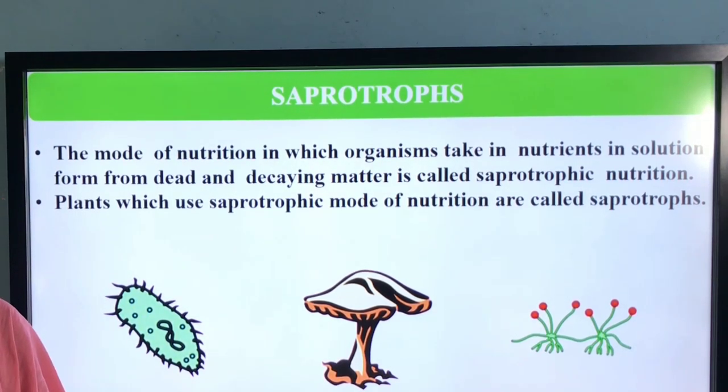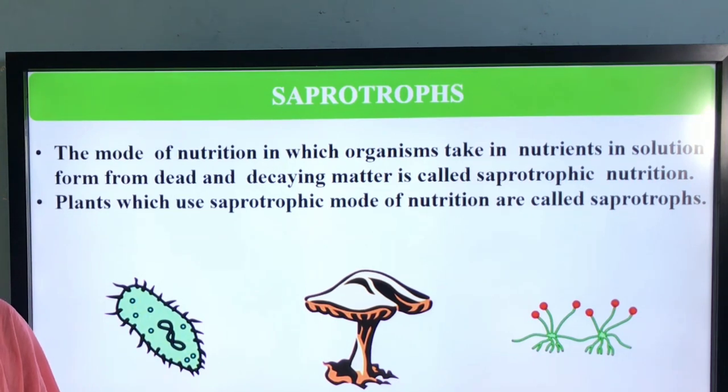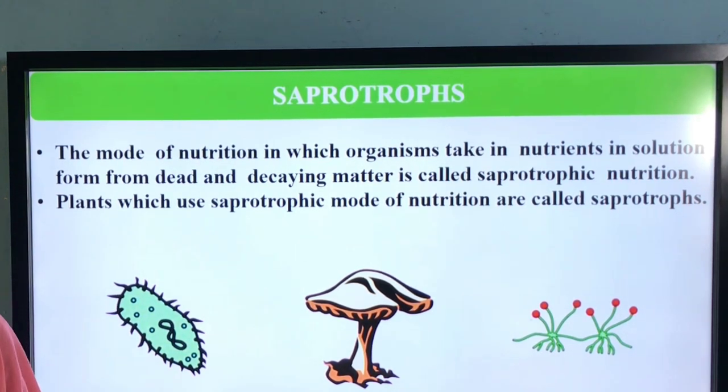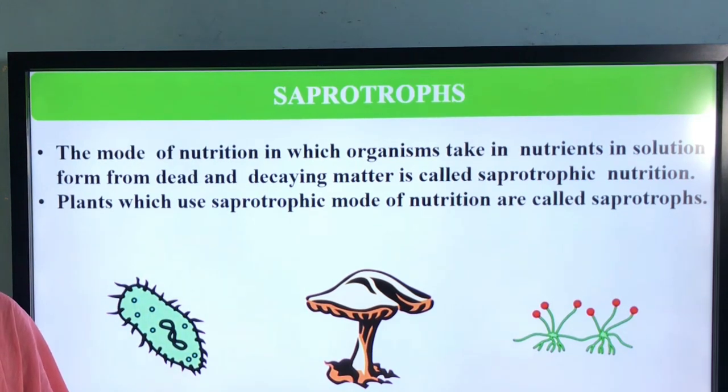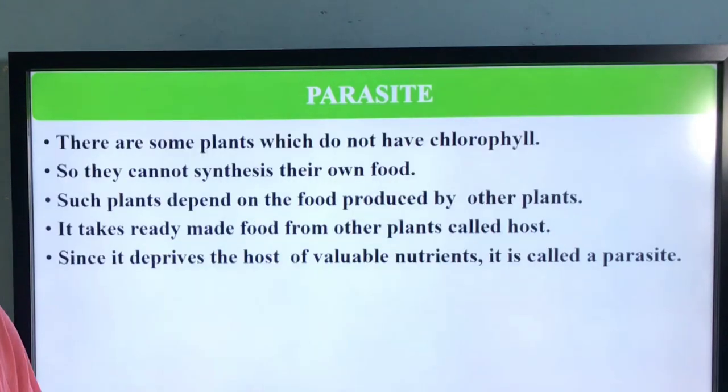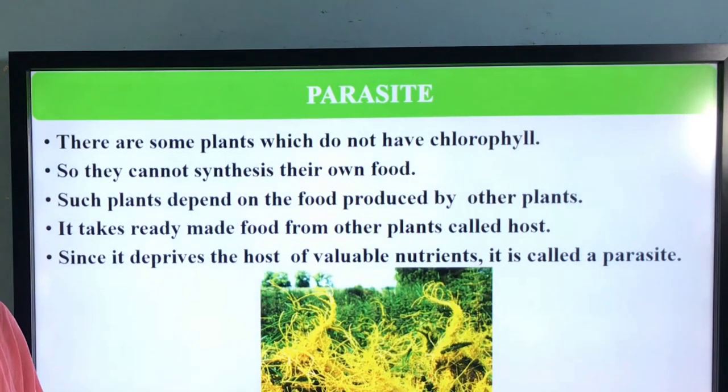Troph means nourishment. So in this nutrition, the organisms take nutrients from dead and decaying matter. This mode of nutrition is called saprotrophic mode of nutrition and these organisms are called saprotrophs. Examples: fungi, mushroom and mold, etc.